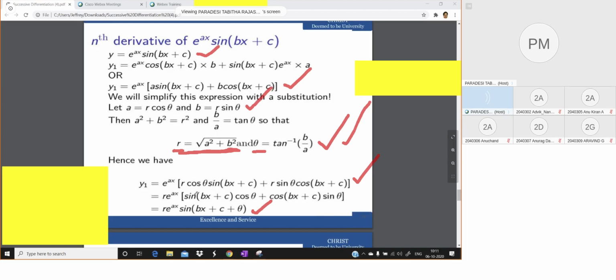So within brackets, you can see a cos theta sin BX plus C and a sin theta cos BX plus C. So if theta is capital A and bx plus c is capital B, you can see within brackets something like a sine A cos B plus a cos A sine B. Yeah. So that is nothing but sine of A plus B. In this case, yeah, we have a theta, we have a bx plus c. So you're able to write it as a sine of A plus B. So this is our first derivative.